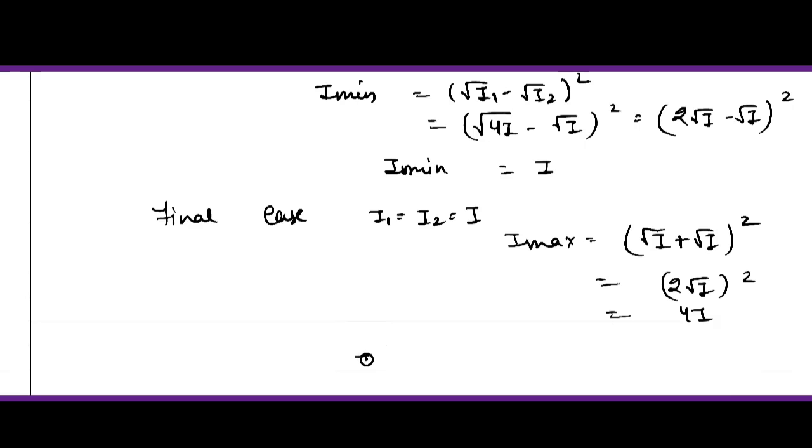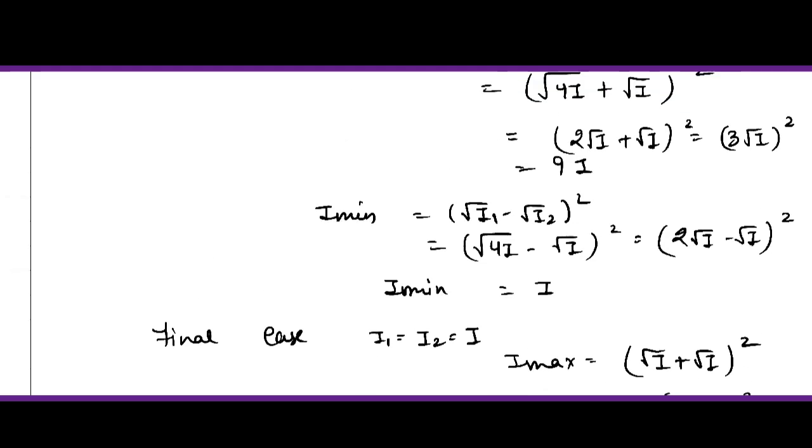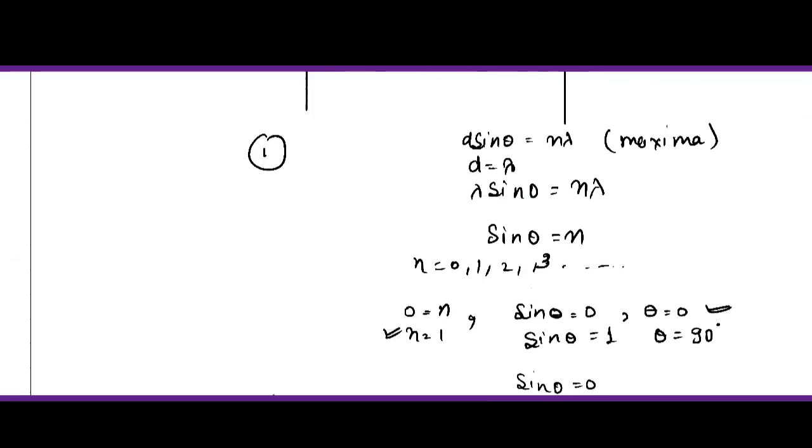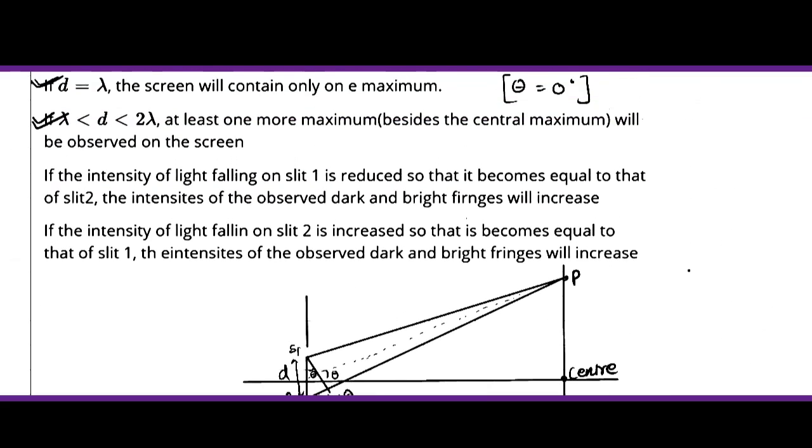Now if we find I min, then we have (under root of I minus under root of I) whole square, which equals 0. So the intensity of the dark point is 0. So the intensity of the dark fringe remains constant. So these two statements are wrong. So my final answer is A and B are correct.